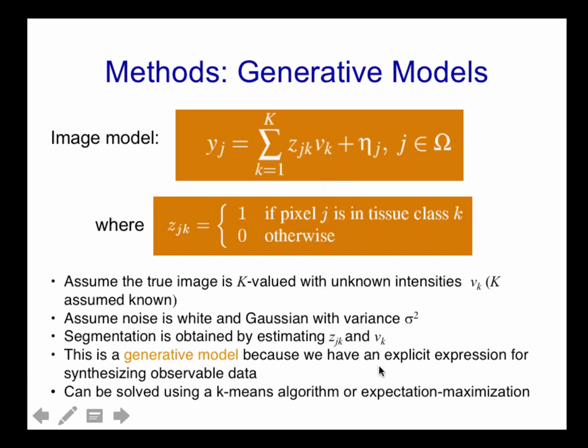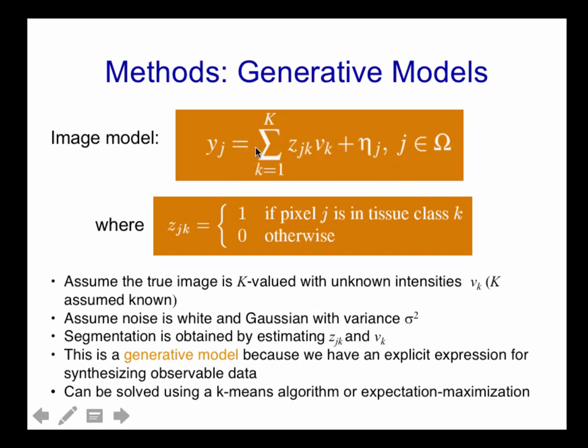Well, it turns out that you can make your algorithms completely independent of training data, for example, because you've made some assumptions about the data. Okay, so we don't need training data. We don't need examples of what a good segmentation is and bad segmentation. We can just go ahead and segment our image. So generative models are typically unsupervised approaches, meaning that they don't require training data.